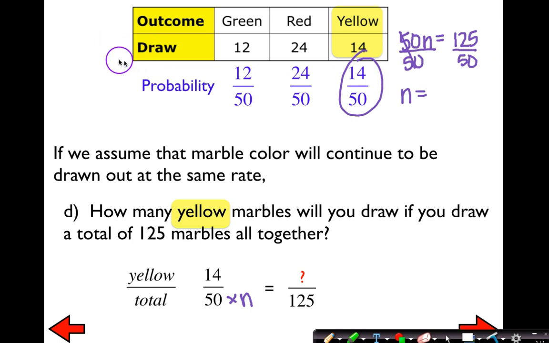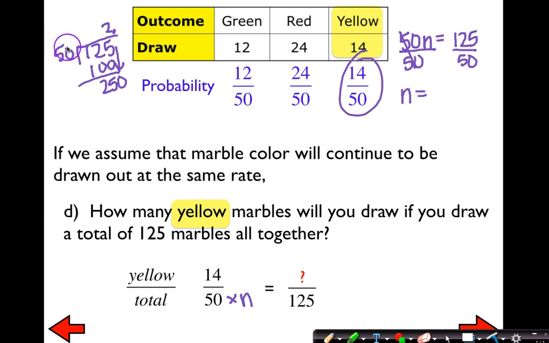So I'm going to do some side work. 125 divided by 50. This can't go into 1, can't go into 12, but it can go into 125 two times with a remainder of 25. Bring down that 0.